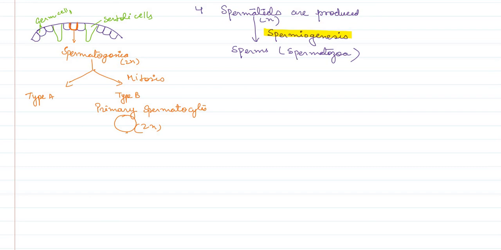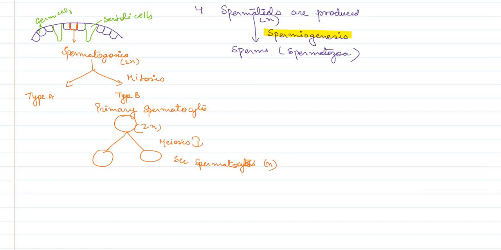These primary spermatocytes undergo meiosis division to form two secondary spermatocytes. These are the secondary spermatocytes. Okay, secondary spermatocyte, which is haploid, by meiosis 1.